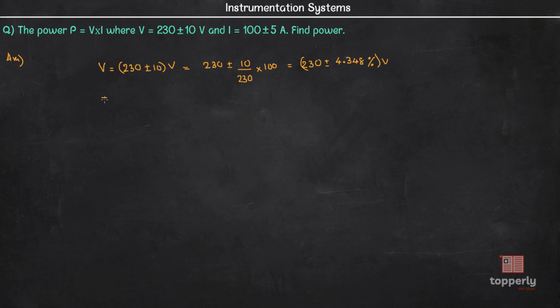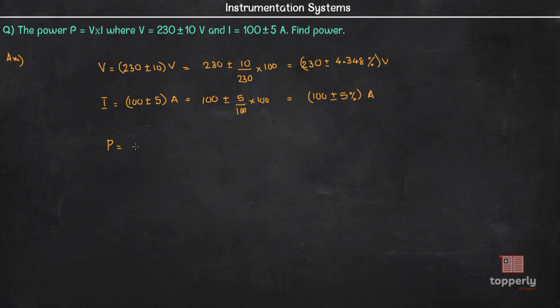And similarly, I is equal to 100 ± 5 ampere, which is equal to 100 ± 5/100 into 100, which is 100 ± 5% ampere.